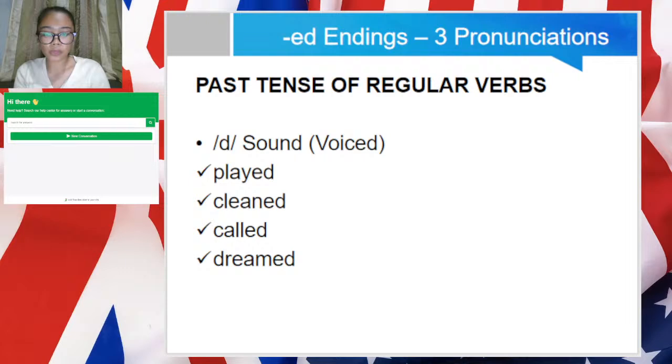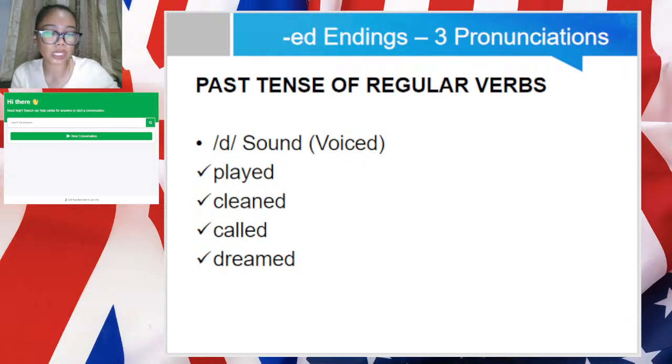So here we have examples. Play becomes played, clean becomes cleaned, call becomes called, and dream becomes dreamed. Again, same as the first one, it's about that smooth transition between voiced sounds.